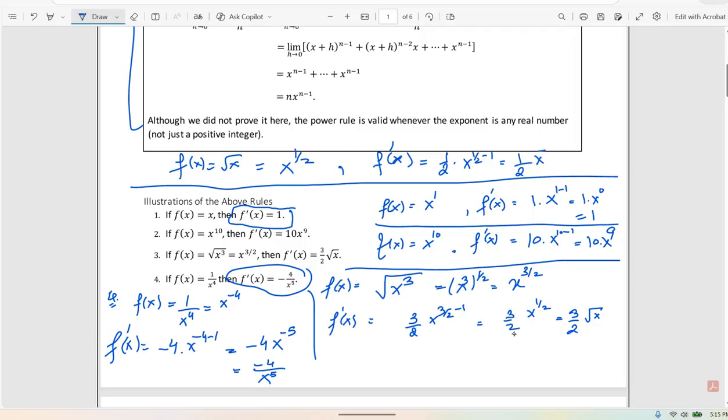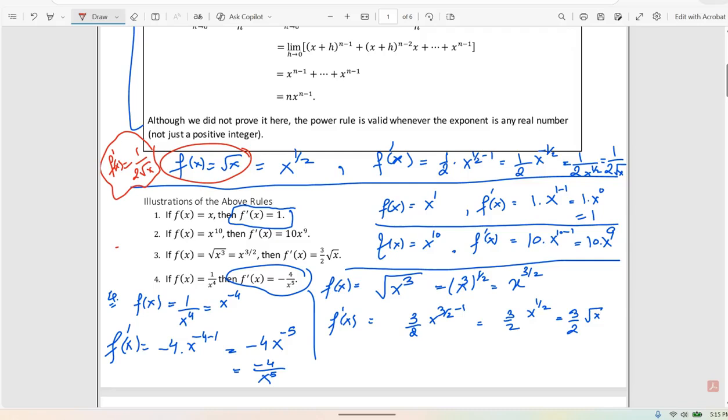Half minus 1 is -half. That can go in the denominator and it'll become x to the power half, and x to the power half can be written as root x. So basically, what I'm trying to say is, if f of x is this function, then f prime of x is 1 by 2 root x. I want you to write this in your formula sheet too.